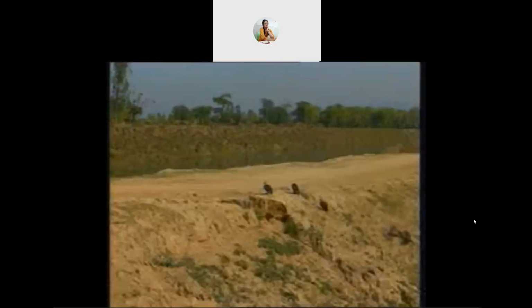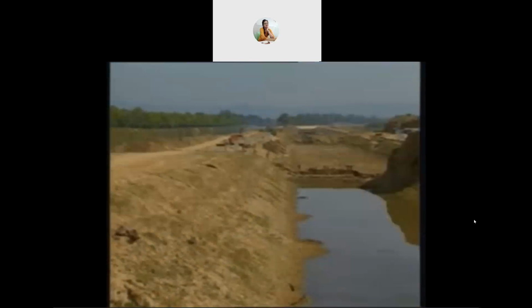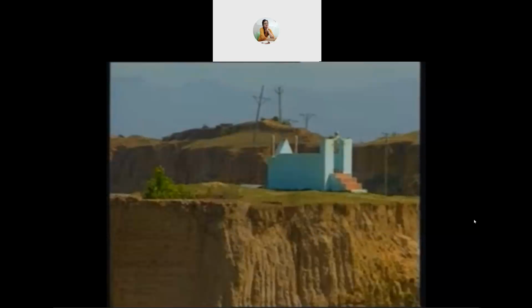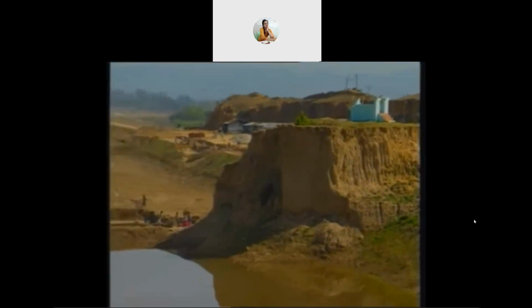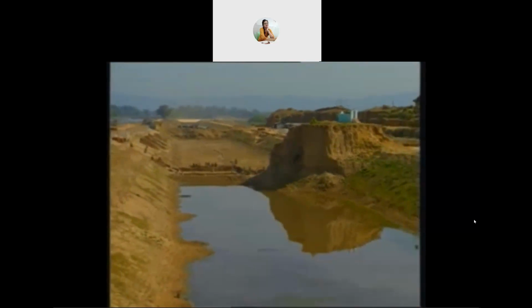However, in the alignment of the canal, there may be a situation that we may have to avoid religious places, other monuments, and villages. In order to avoid these obstructions, to fulfill topographical conditions, and for diversion works, curves in the channels are introduced.